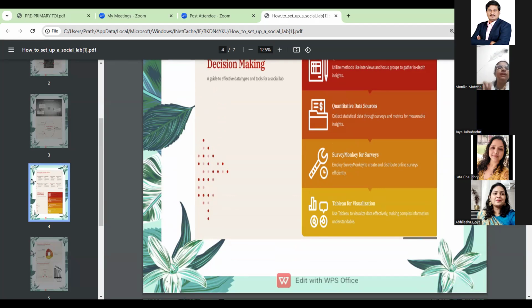Tableau supports various data sources, allowing users to clean, analyze, and visualize data efficiently without requiring extensive technical skills. It has a user-friendly interface.